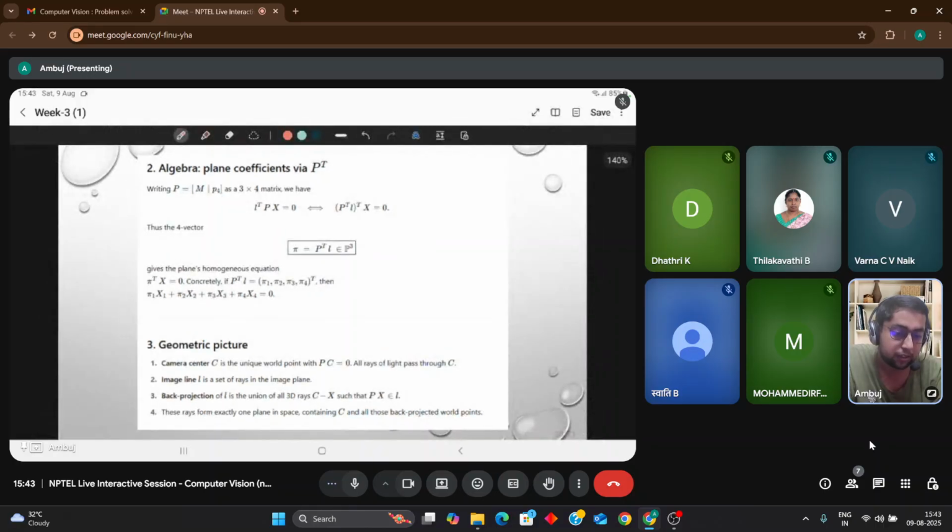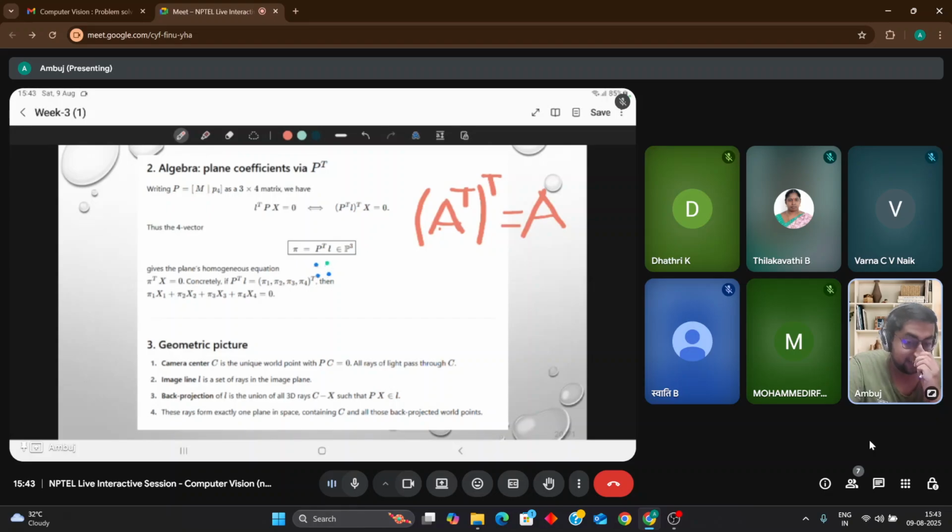Please do remember that the transpose of a transpose is the same matrix. We have L transpose PX equals 0, so P transpose L, transpose X is also equal to 0.